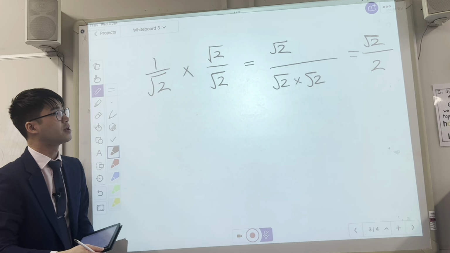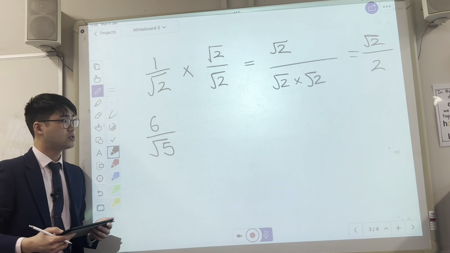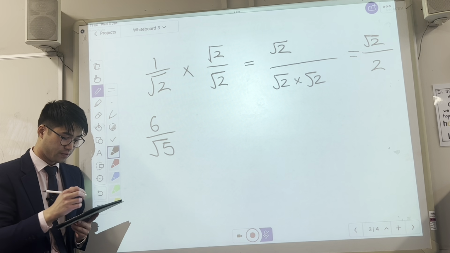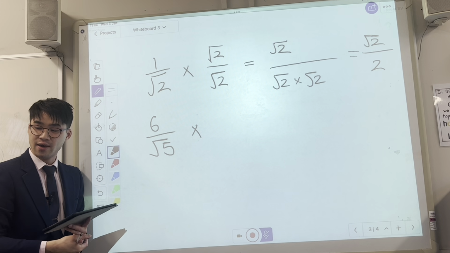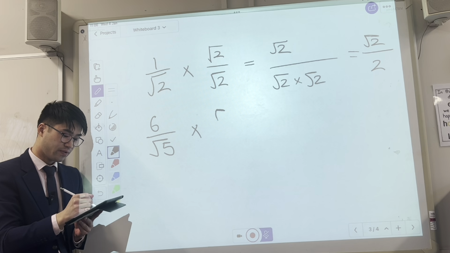Let's do another example then. Let's say we have 6 over root 5. Can you rationalize this? Rationalize the denominator of this, 6 over root 5. We're going to times by the denominator, which is root 5, over root 5.